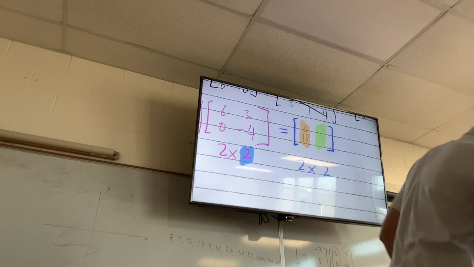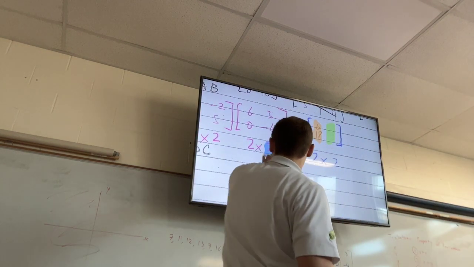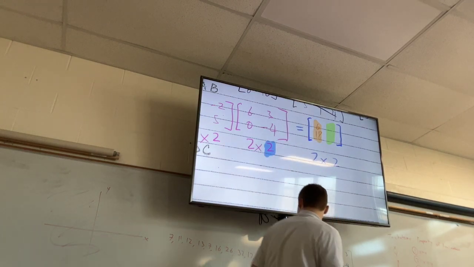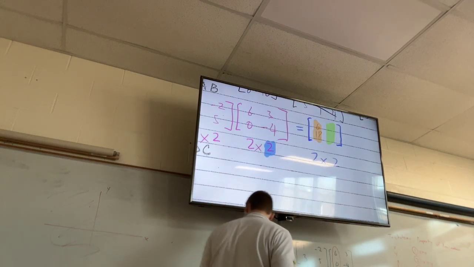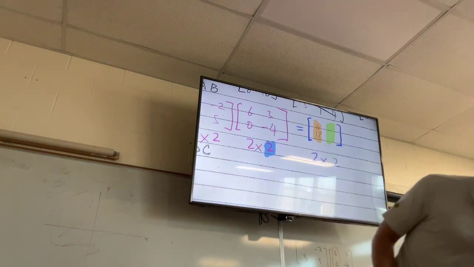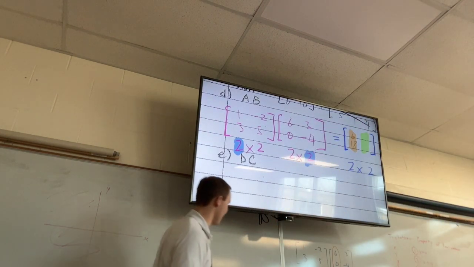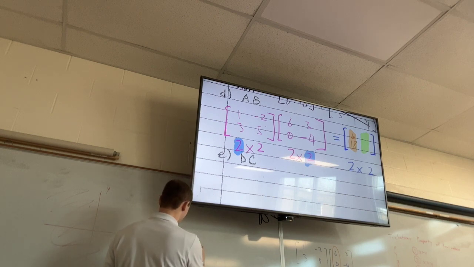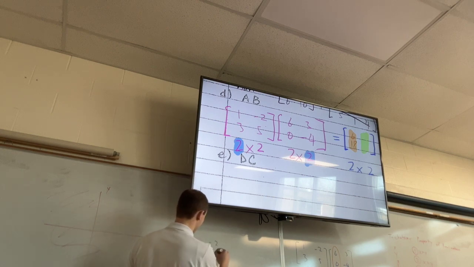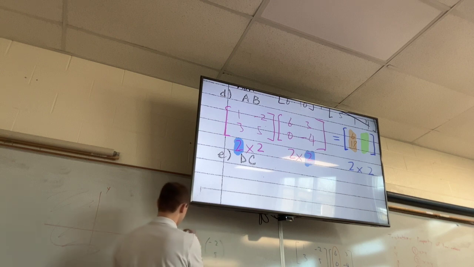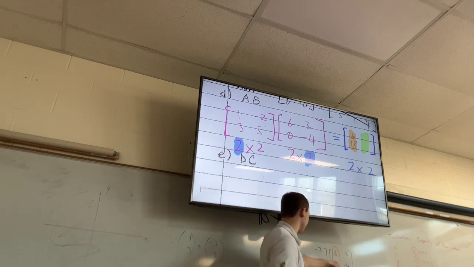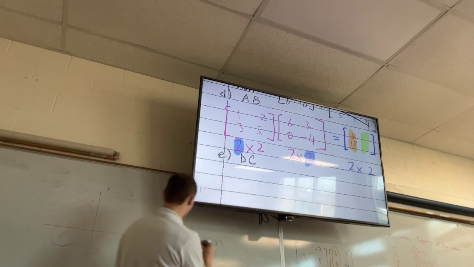Then what do you guys think I'm going to do to get the second column of my answer? How do you think I'm going to fill in that second column? Yeah. So I'm going to add them together again, that 1, 3 and that -2, 5. But instead of multiplying them by 6 and 0, I'm going to multiply by 3 and -4.